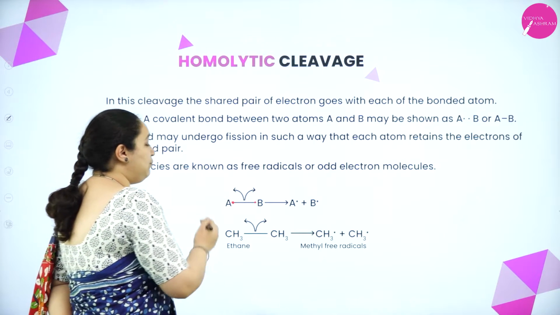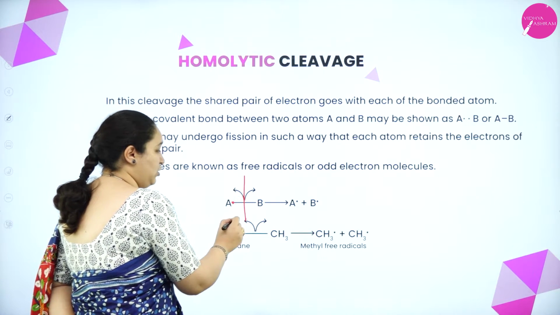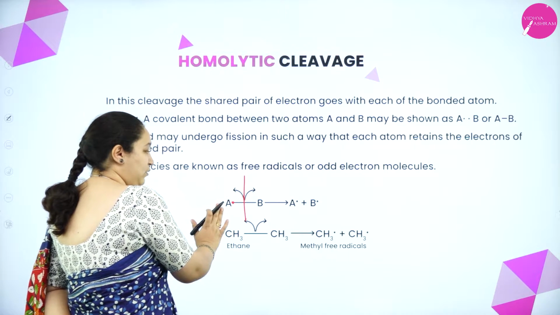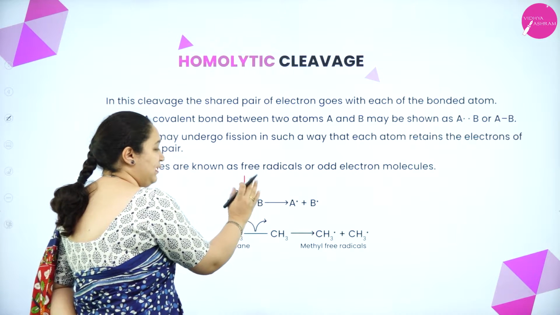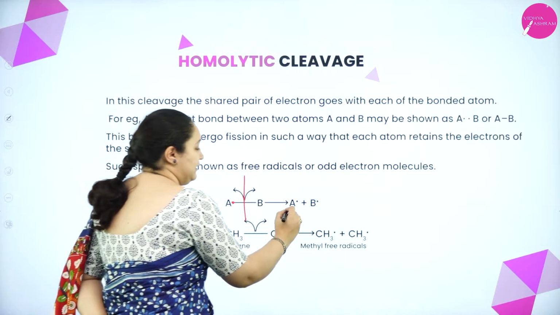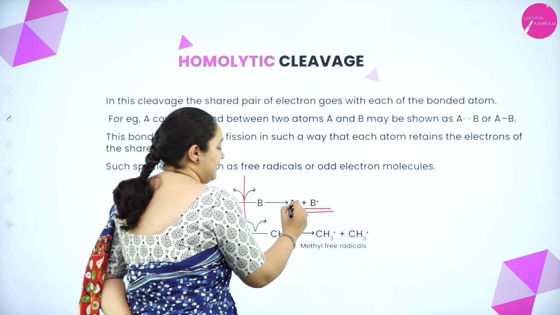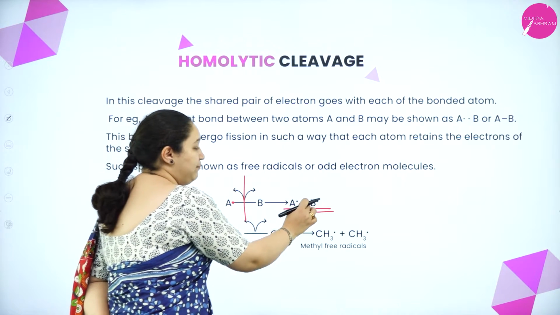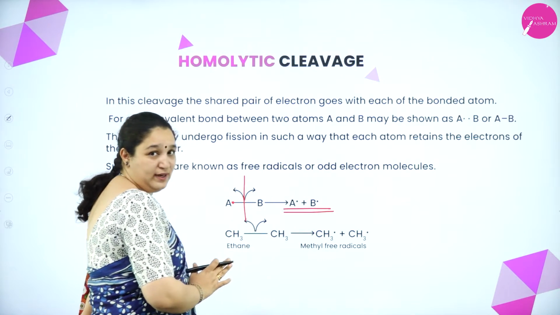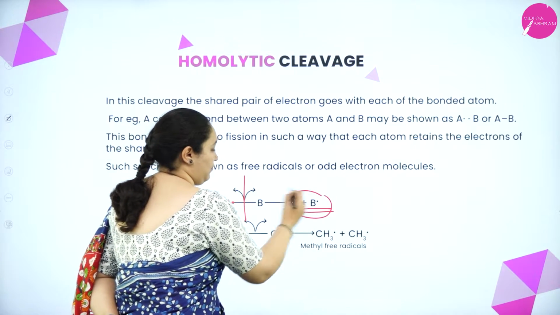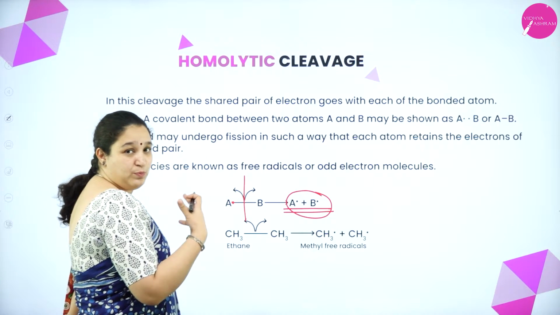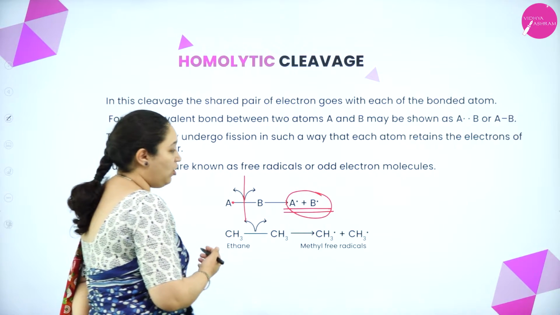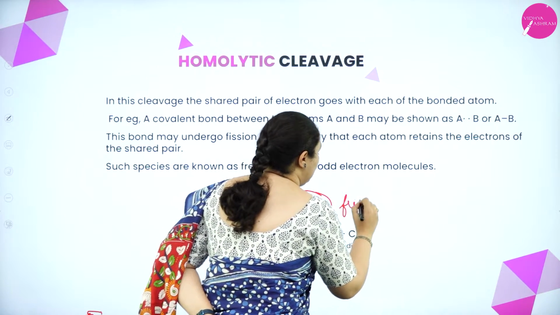Now if the bond is broken in such a way that the electron of A remains with it and the electron of B remains with itself, then we can write it like this: A with one electron which was bonded and B with one more electron which was bonded. Such species produced by homolytic fission are called free radicals.